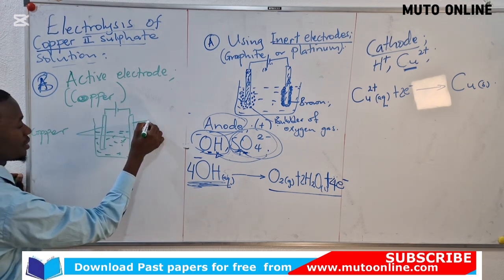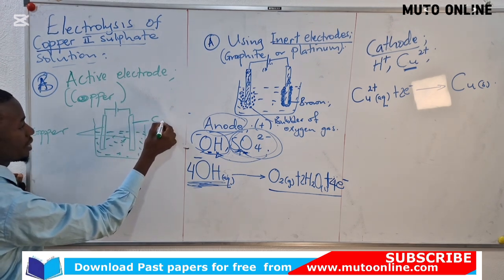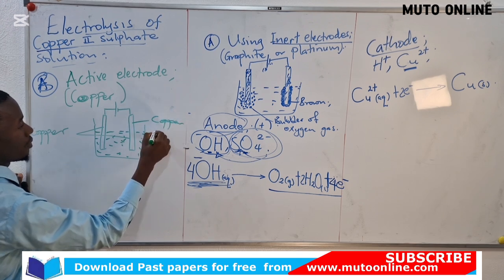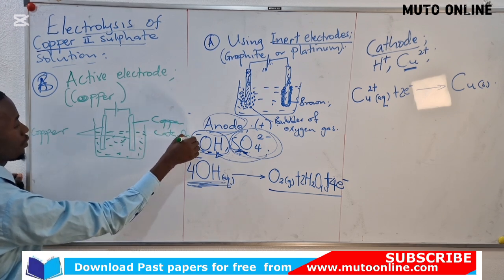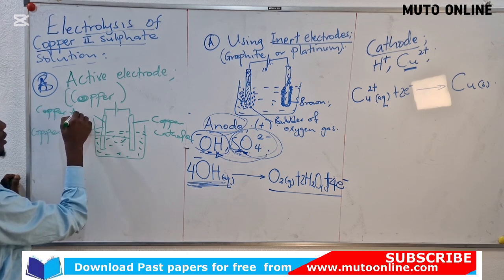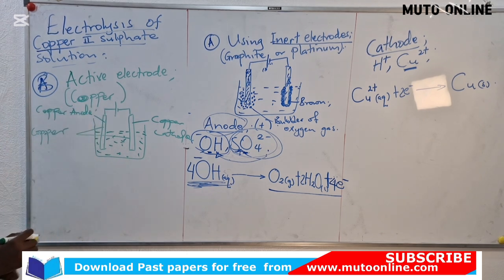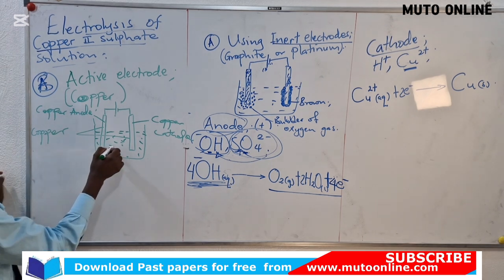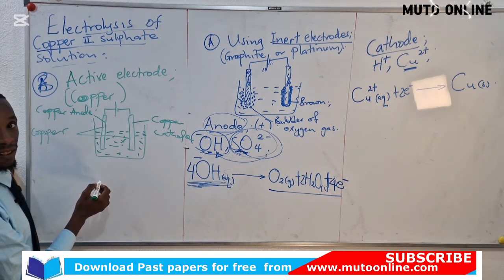this one becomes a copper cathode, and this one becomes a copper anode. The electrolyte will remain the same, copper sulfate.